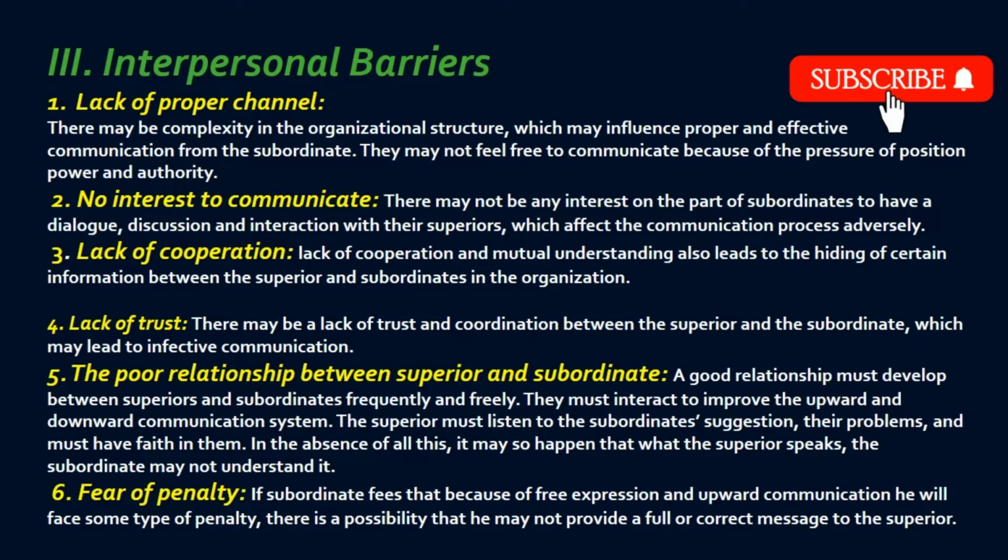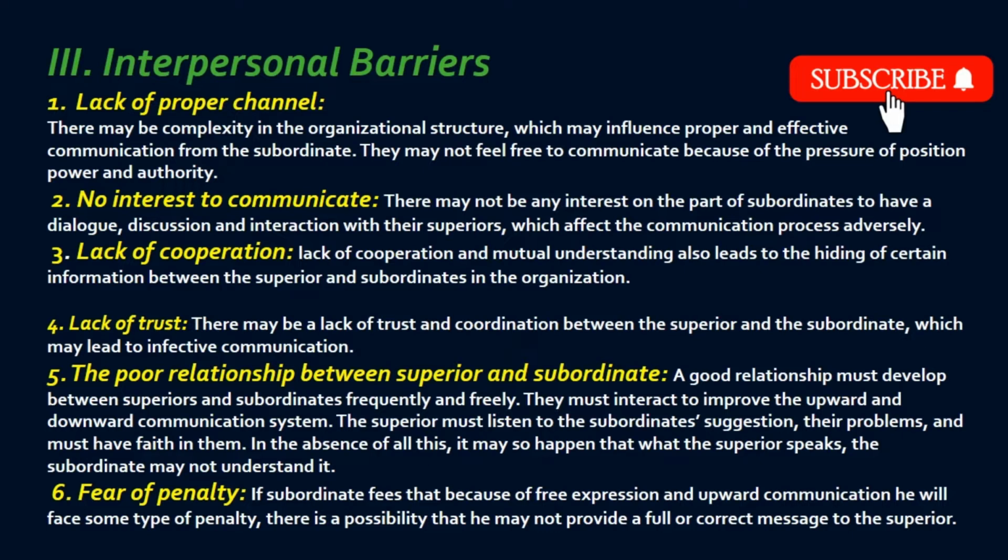And poor relationship between superior and subordinate. This is again the same. A very poor relationship between superior and the subordinates makes the organization fail. A good relationship must develop between the superior and the subordinate frequently and freely. They must interact to improve the upward and downward communication system. That is, the superior should be ready to communicate or interact with the subordinates.